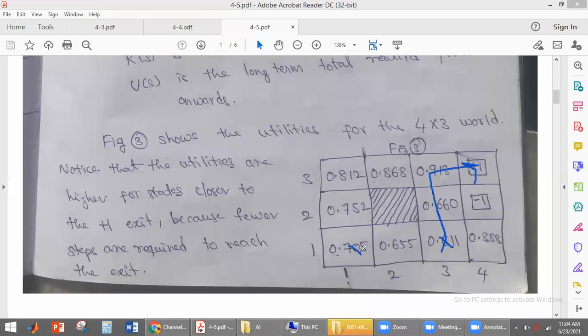If the agent is here, it has to go in this direction to reach plus 1, because this state has higher utility than that state. Depending on utility values, the agent takes its preference. The utility near plus 1 has the highest value, and here it has the lowest value because the agent doesn't want to enter minus 1. It always wants to enter plus 1.